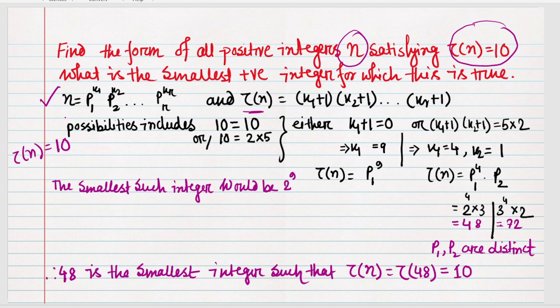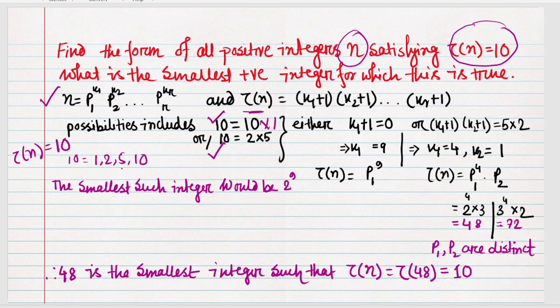So if the result of tau of n is 10, then there are only two possibilities: 10 equals 1 cross 10 and 10 equals 2 cross 5. These are the only two possibilities, because 10 has the divisors 1, 2, 5 and 10 only.